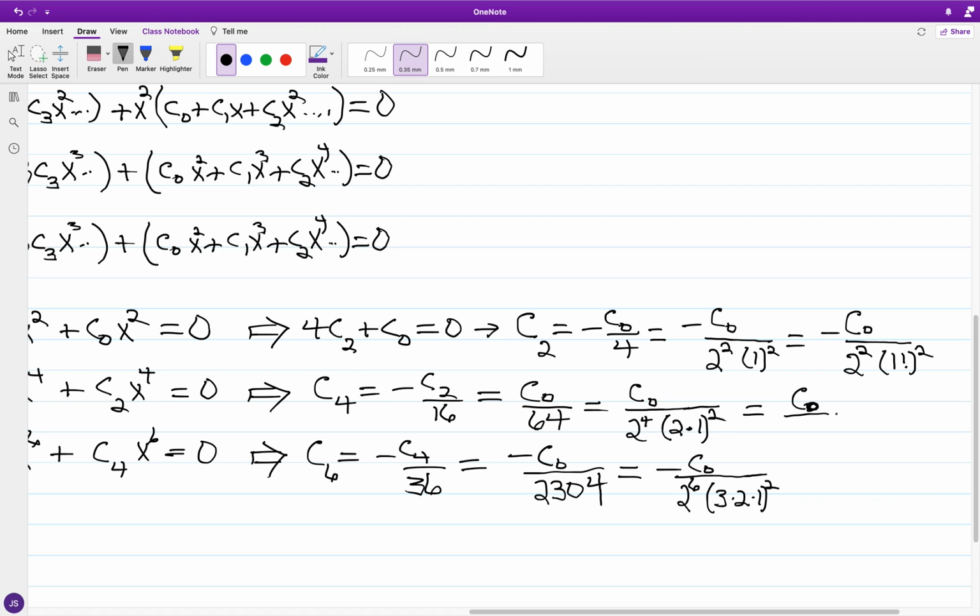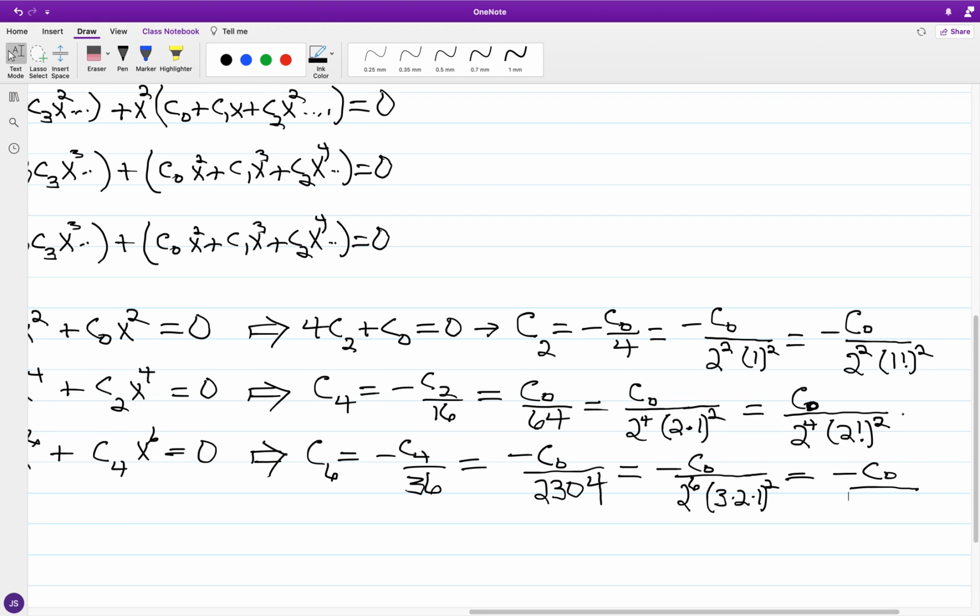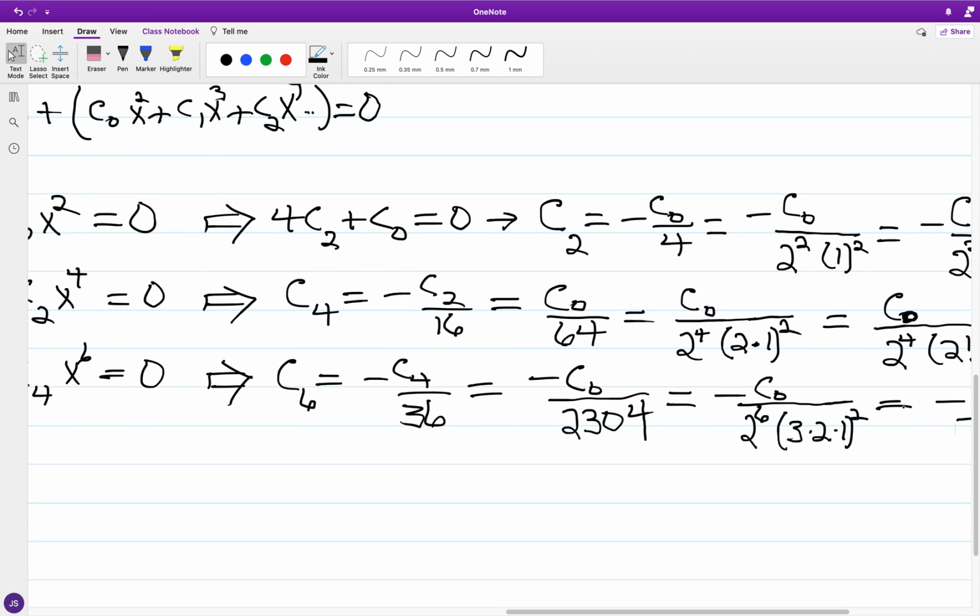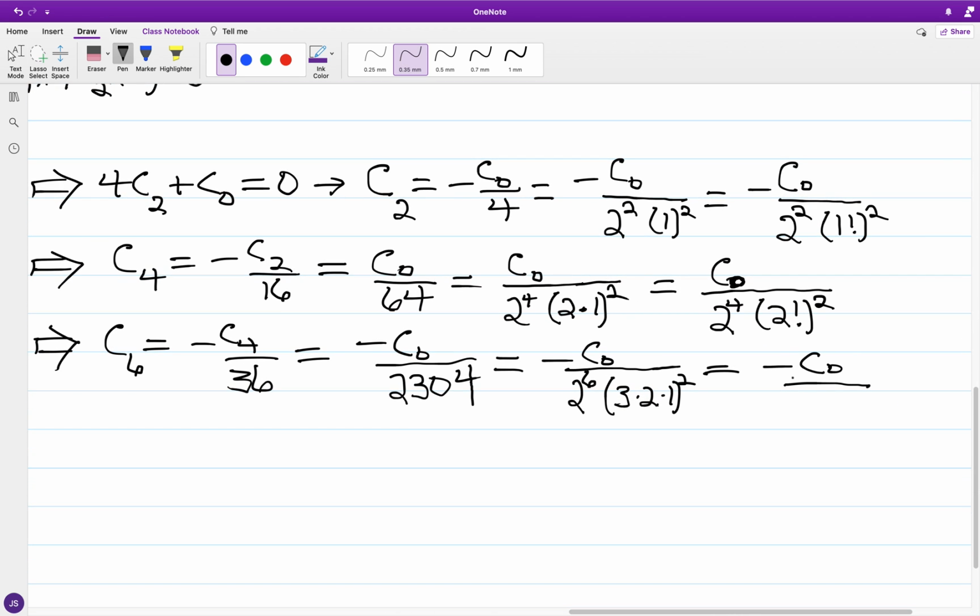And we have c naught all over 2 to the 4th, and 2 times 1, so you have 2 factorial squared. And then we have negative c naught over 2 to the 6th, and now 3 times 2 times 1, that's going to be 3 factorial raised to the 2nd. Okay, so there's going to be a pattern.